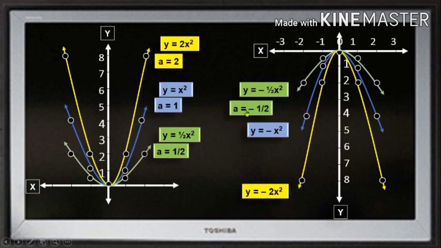Our a is equal to negative 1/2, a is equal to negative 1, and a is equal to negative 2. Now, what do you think is the effect of the values of a? What do you think is the effect when a is positive and when a is negative?